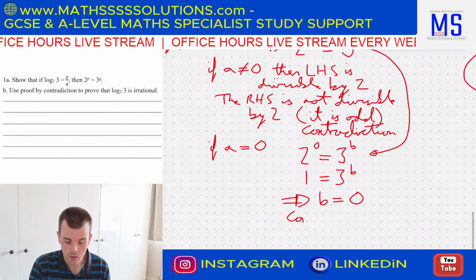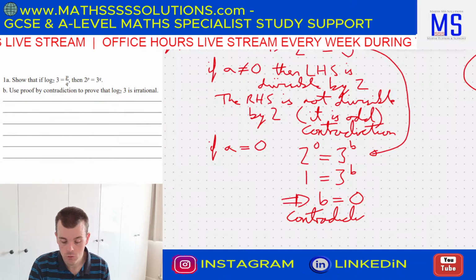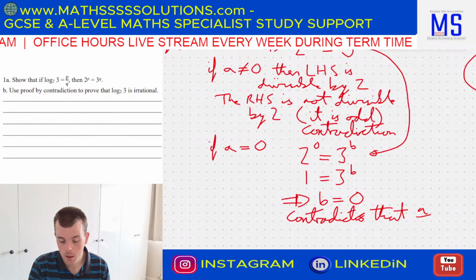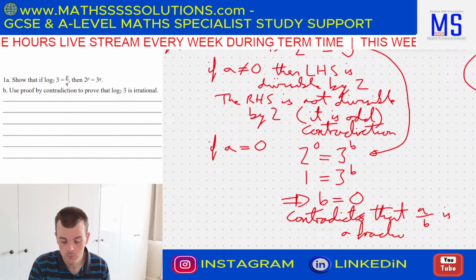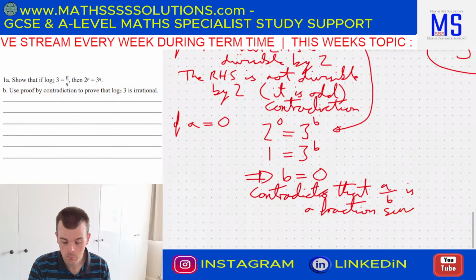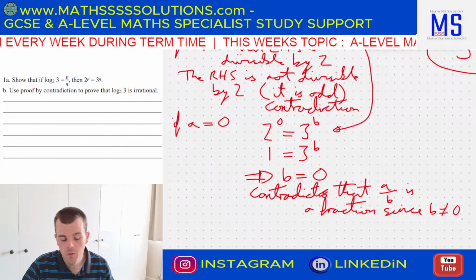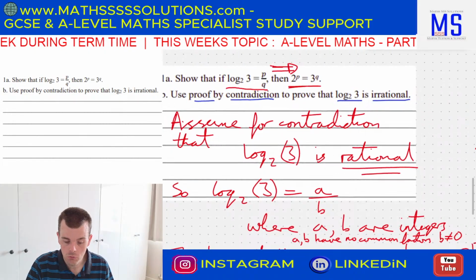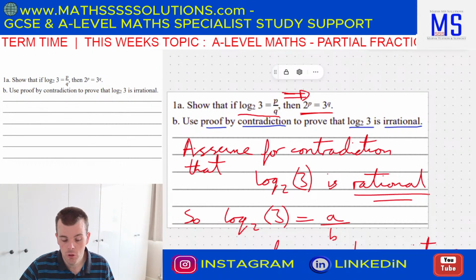So that contradicts, and what does it contradict? I always say what your contradiction is. It contradicts that a over b is a fraction, since b cannot equal 0. And then when you finish with your proof by contradiction, what I would always suggest you do is write at the very end the statement that's true.